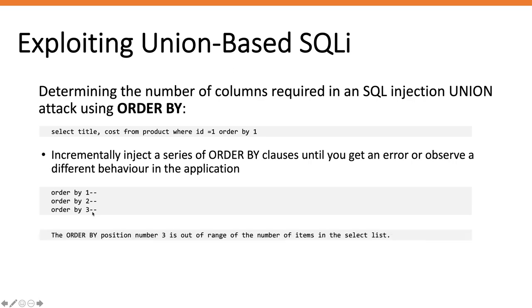And so I get an error saying the order by position number 3 is out of range of the number of items in the select list. And so this way, I know that 3 is not a column. And since I incrementally increase the value of the order by integer over here, I know then the number of columns is this value minus 1. So 3 minus 1, which is 2. So I know that the number of columns being used in the SQL query is 2. So that's the way to do it using the order by clause.